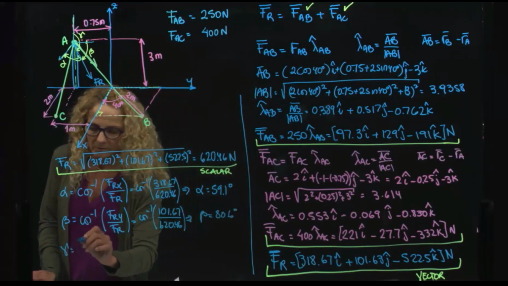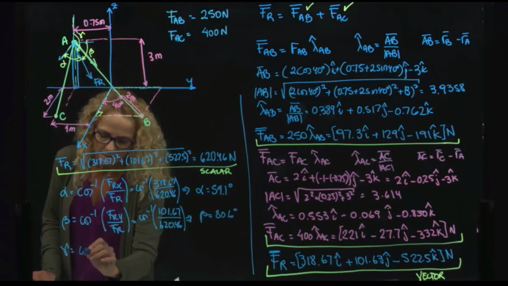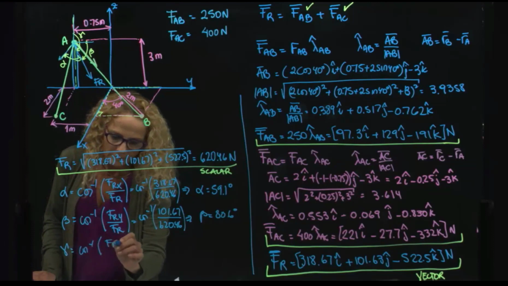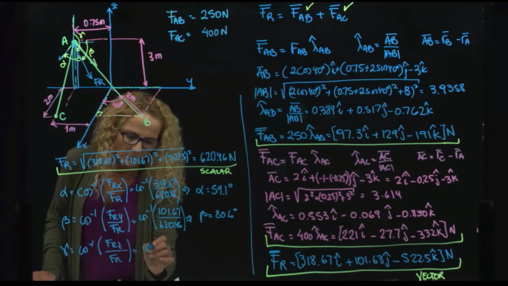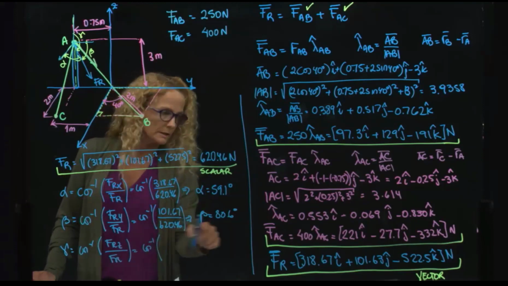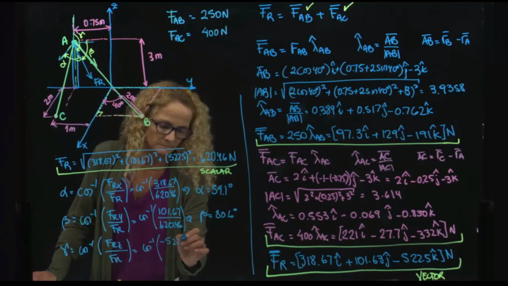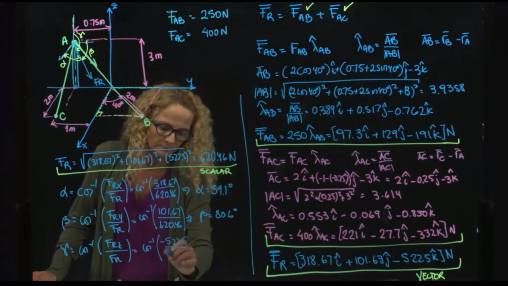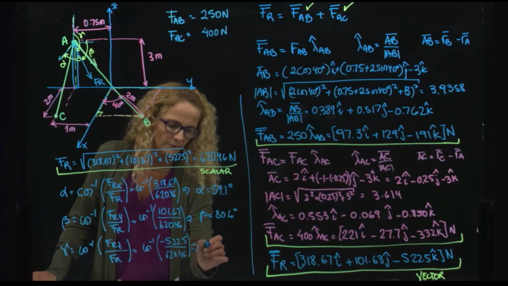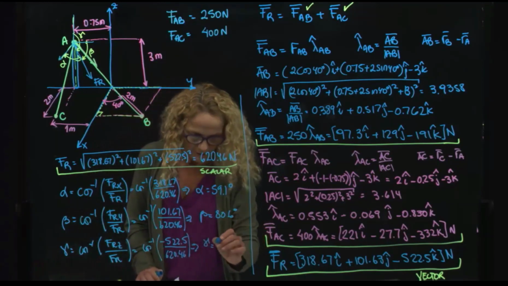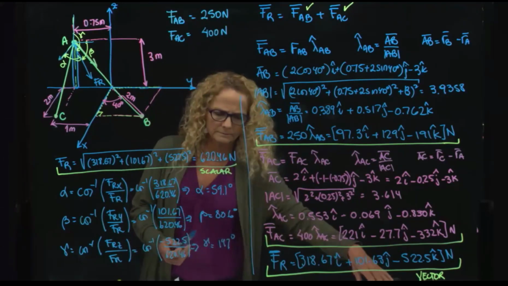And gamma, which is the angle between the resultant force and the z-axis, therefore I use the z component, which is a negative component, right? Divided by the magnitude. And that gives me finally gamma, which is 147.38.